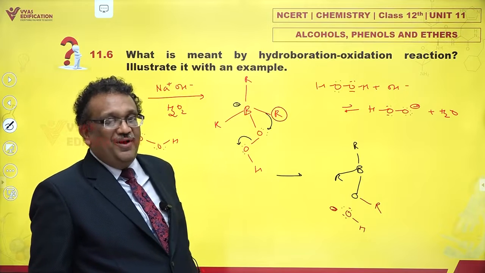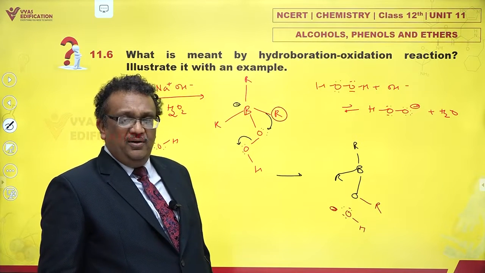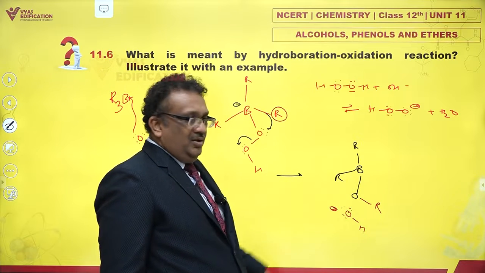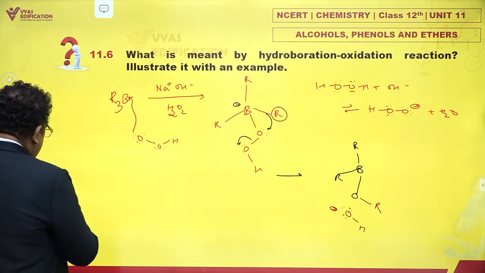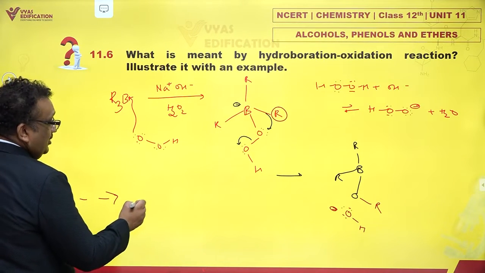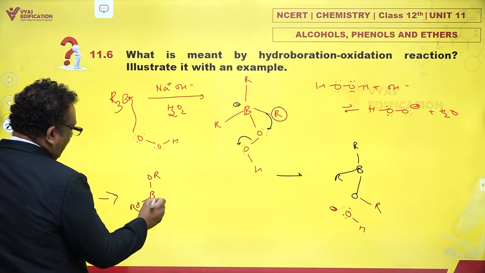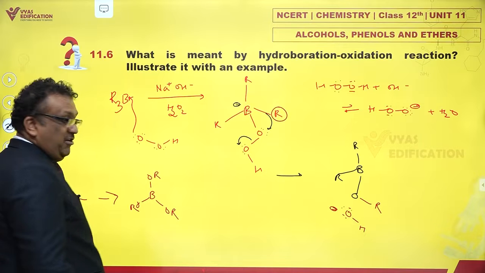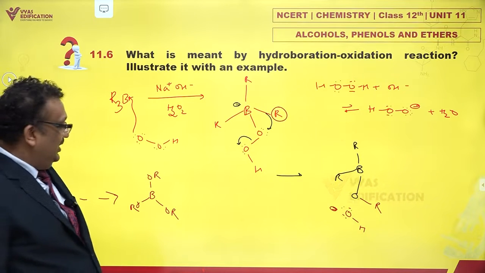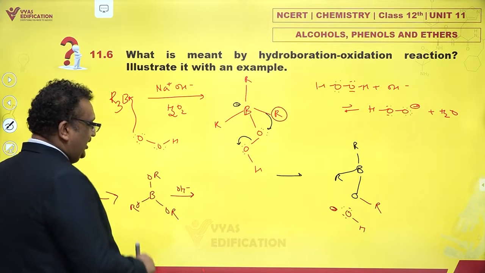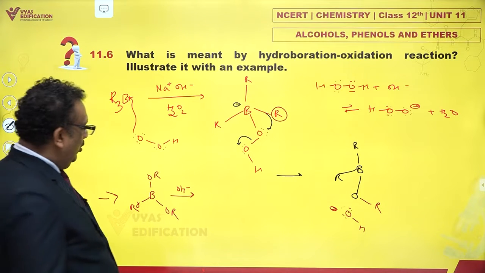This is the fun part you must notice. And what else? Slowly you would find, if you repeat this thrice, you get B(OR)3, trialkoxyborane. And because NaOH is already there, OH minus can come in and RO minus can go out.